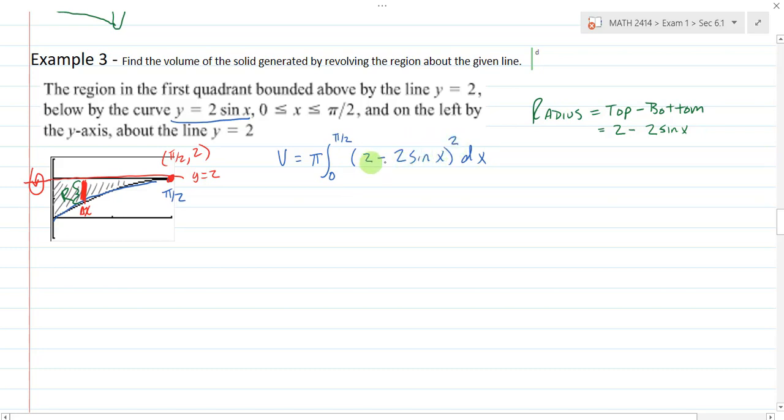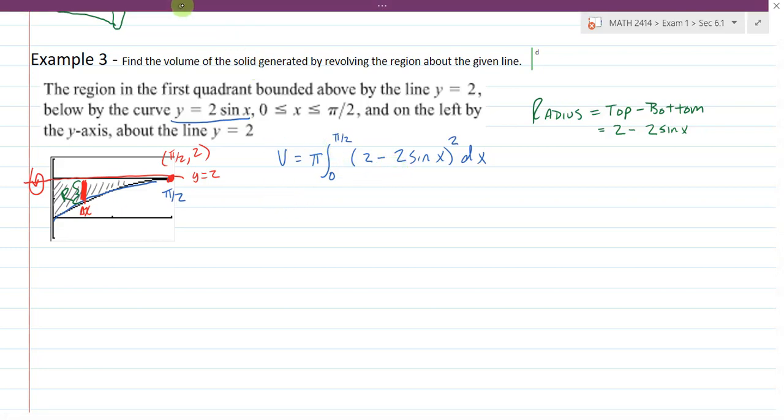Now, when I square a binomial term, I can't just distribute the square across. I have to FOIL this out. So another way of writing this, actually the arithmetic would be easier if we go ahead and factor a 2 out. That would make the numbers smaller. So let's go ahead and rewrite this function.